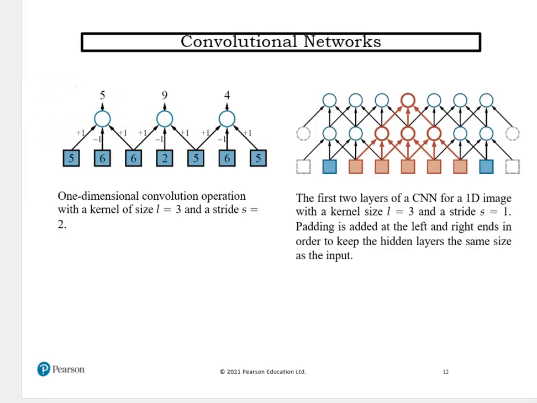So that's the idea of using kernels to shrink the size of the input vector while maintaining the spatial features of the pixels. They're not just randomly shrinking.